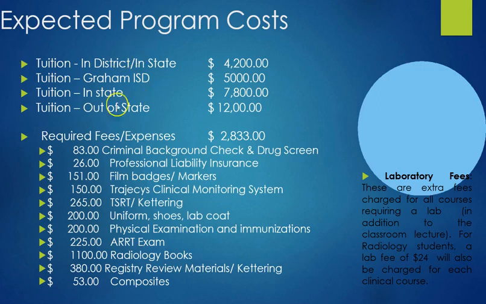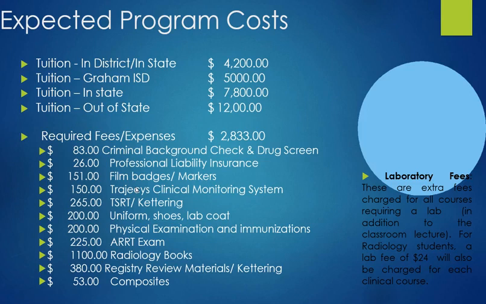And then here are the required fees, expenses that you have to pay during the program. It depends on what semester these fees are required. So about $83 for a background check and drug screen, liability insurance, your film badges, markers, your clinical monitoring system called Prereqs that you'll use when you go to clinicals, TSRT, the Texas Society of Radiologic Technologists.